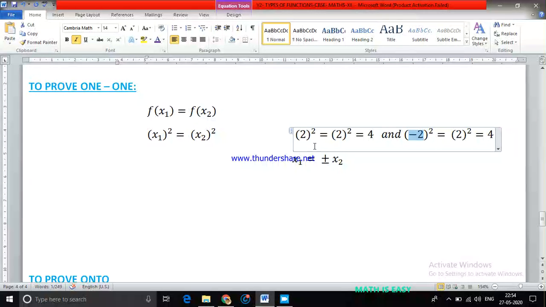Here plus 2 whole square, and this will be minus 2 whole square. In both cases x1 remains the same, 2, but x2 becomes +2 here and -2 here. So cancelling both the exponents and writing x1 equals x2 is wrong.